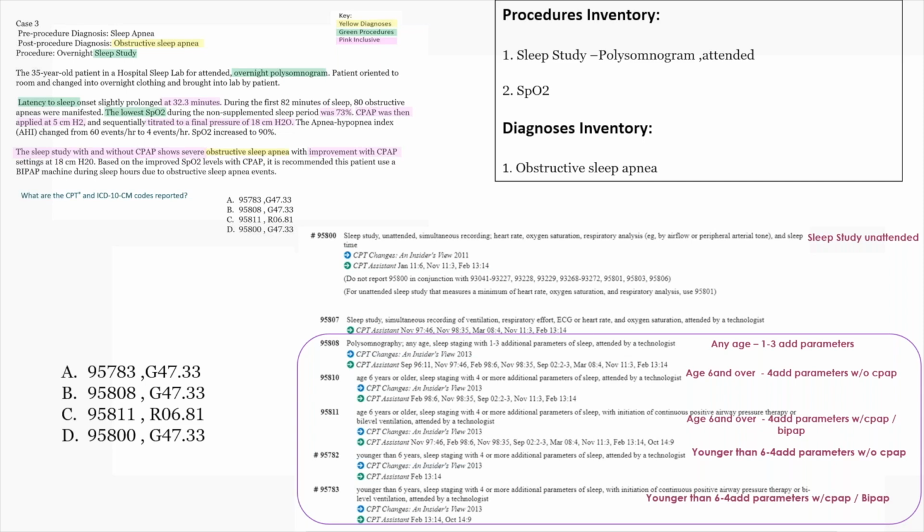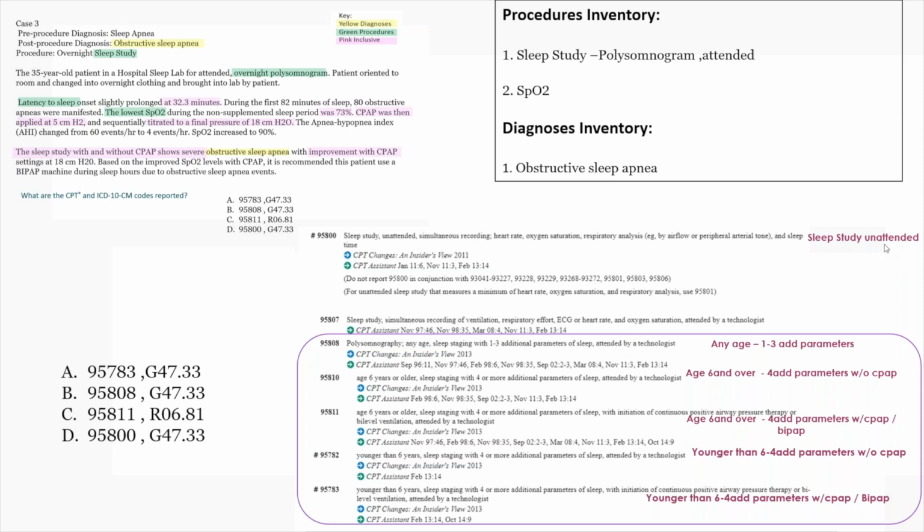And finally, 95783 is coding for age younger than 6, with 4 additional parameters measured with a CPAP or BiPAP machine. Are you following, coders? It is very important. Are you following the way I chunked this? Yes.